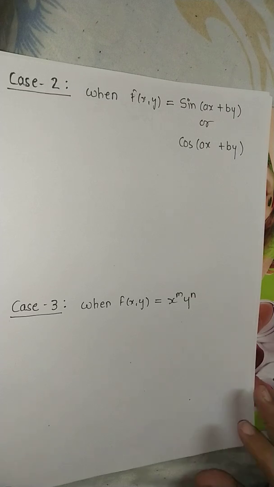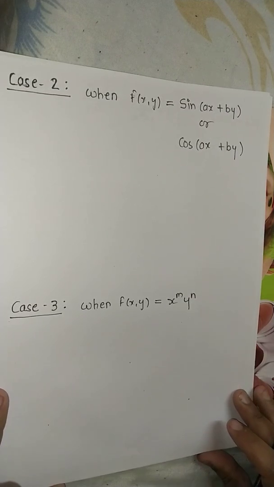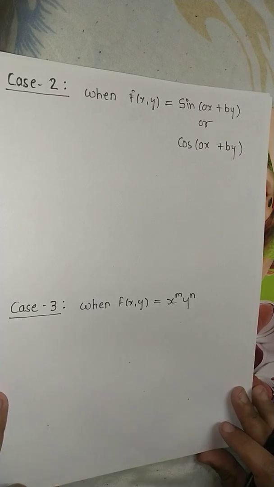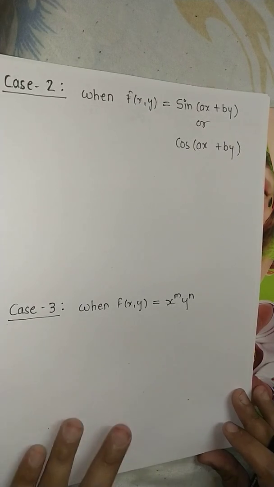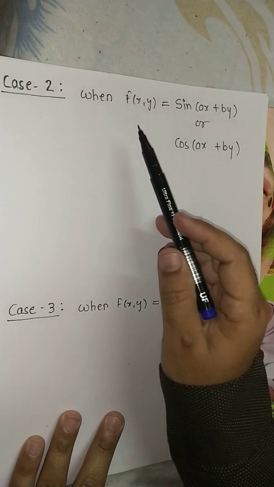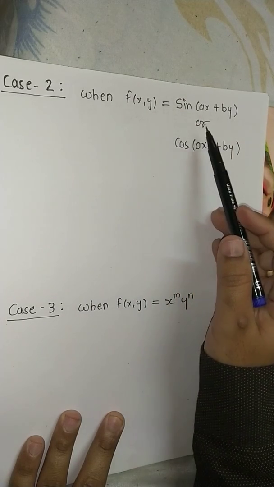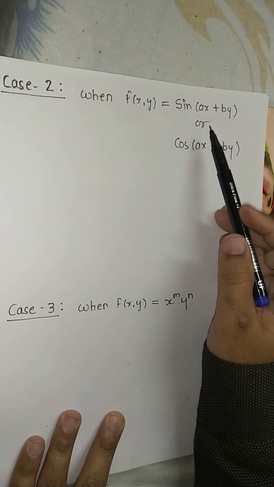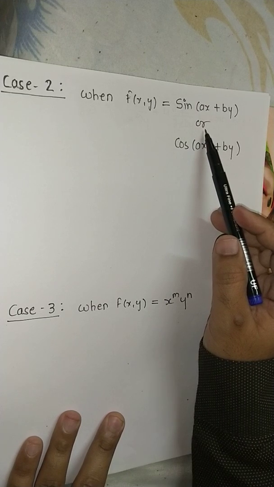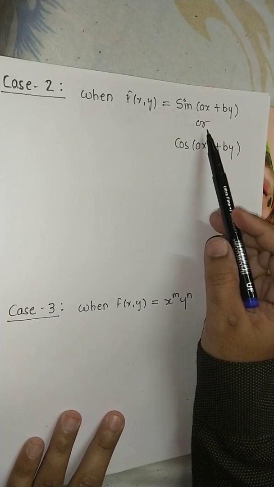So you can see case 2. Case 2 is whenever the right hand side of the function f of x comma y is equal to sine of ax plus by or cos of ax plus by.